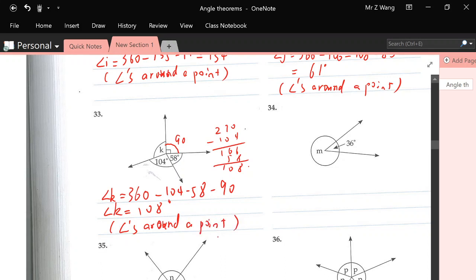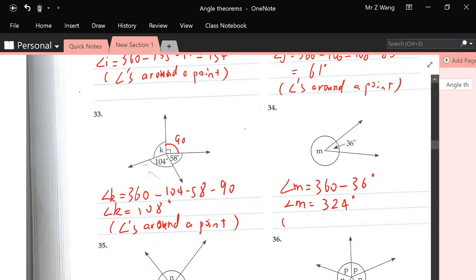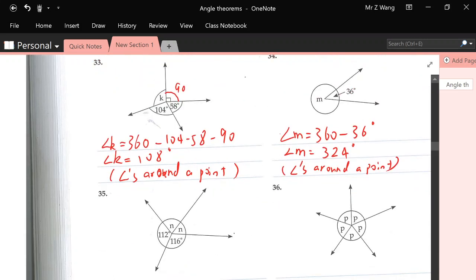Now this is a little bit easier because there are only two angles sharing the full circle. So angle M equals 360 minus 36 degrees. I hope it makes sense. Now angle M equals 324 degrees. And then again, you have to write angles around a point. They are all the same.